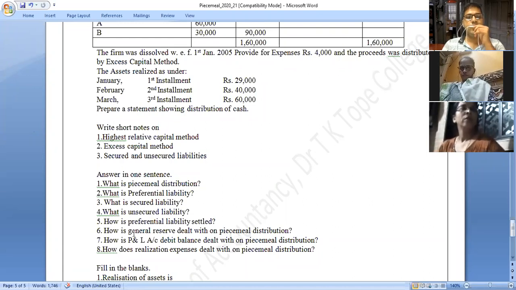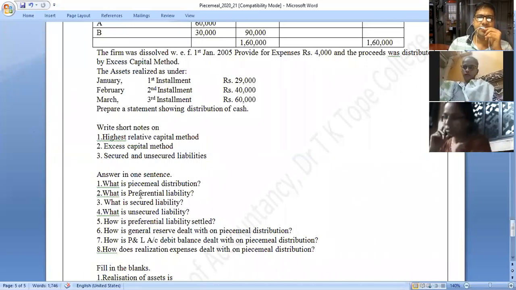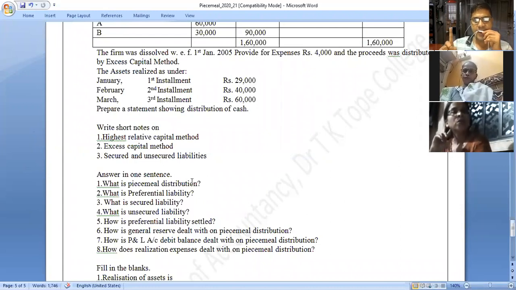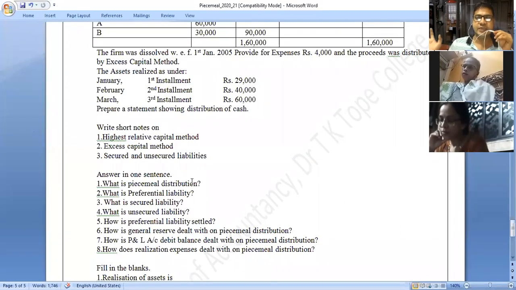These 8 questions' answers you have to write. Otherwise, we will discuss them in the next lecture, whenever we come. But you have to try these 8 questions. Answer in one sentence. Only one sentence I require. I don't want 2-3 sentences or a paragraph.